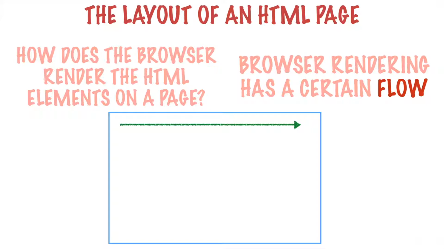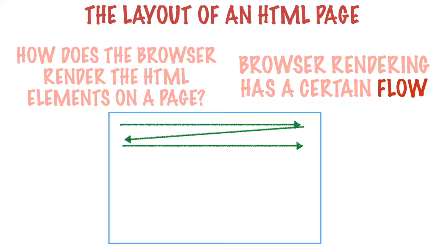Once it's reached the rightmost portion of the window, the rightmost margin, it will then move on downwards and again start laying out the elements from the left to the right. So the browser flow, the completely normal flow of a browser without CSS, is from the left to the right and from top to bottom.